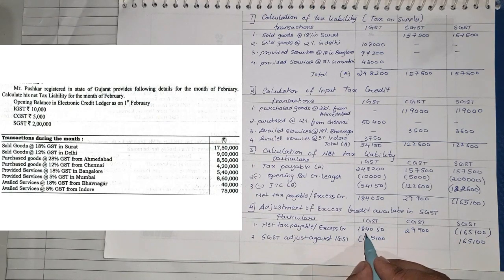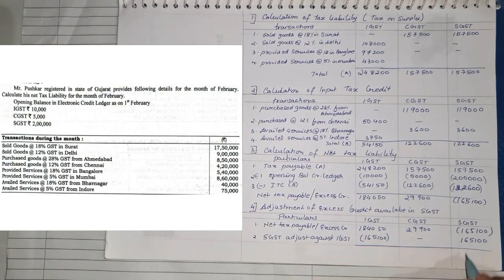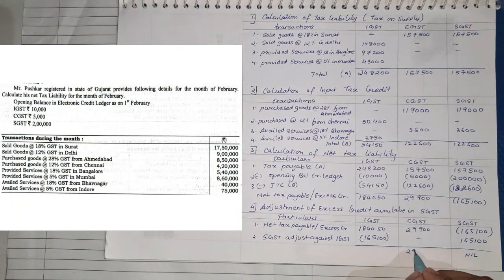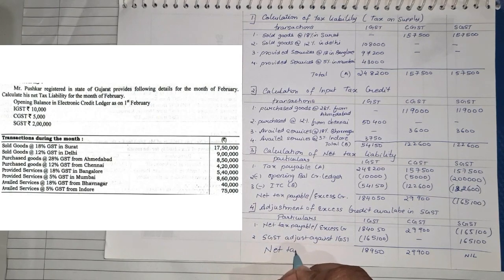Because the value is less, IGST is still on the higher side, so I can use that entire amount. Nothing to do with CGST. When I subtract it, your SGST becomes nil. This is 29,900 as it is, and when I subtract from the IGST, I get the value as 18,950. This is nothing but my final net tax payable.